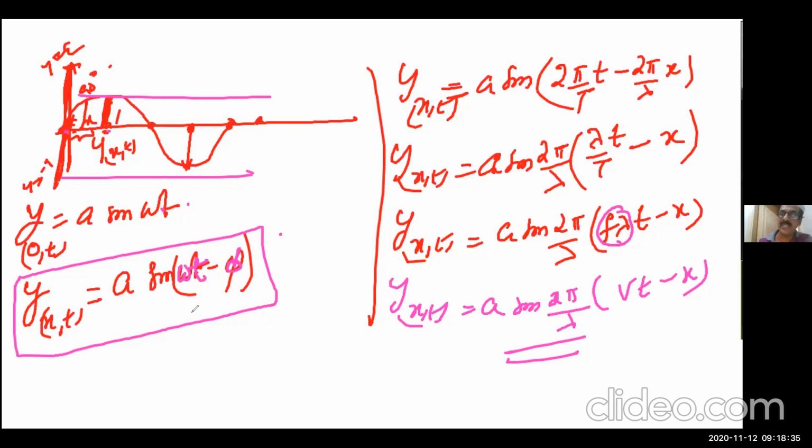Omega is angular frequency. Phi is the phase difference of the particle at that instant; next instant it will change. Phi is the phase difference of the particle at that instant with respect to the particle at the origin.